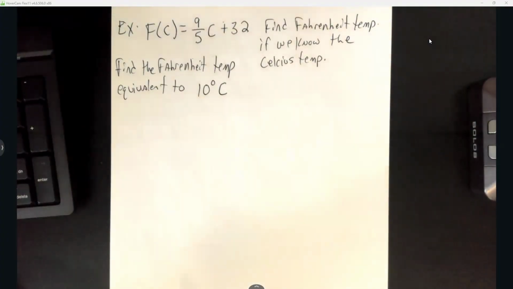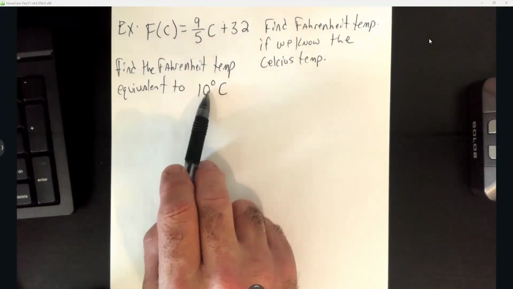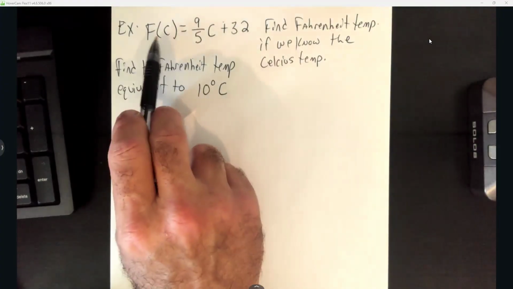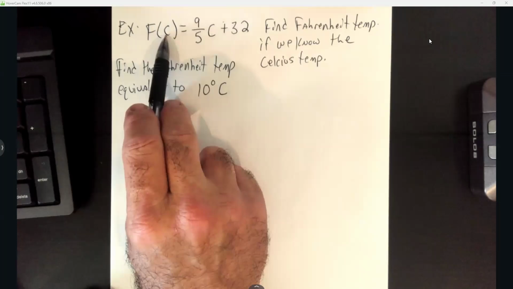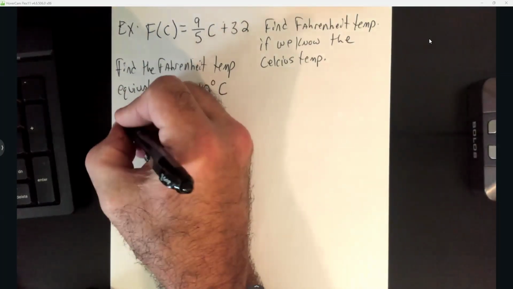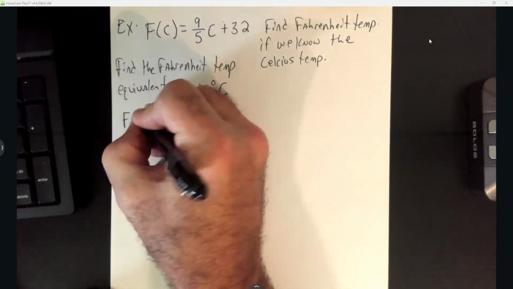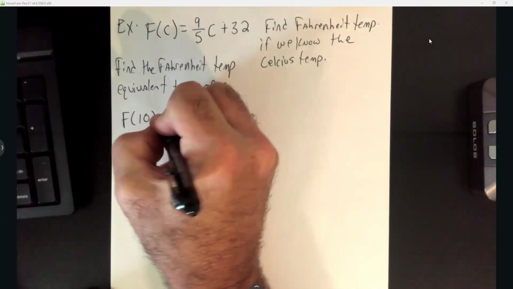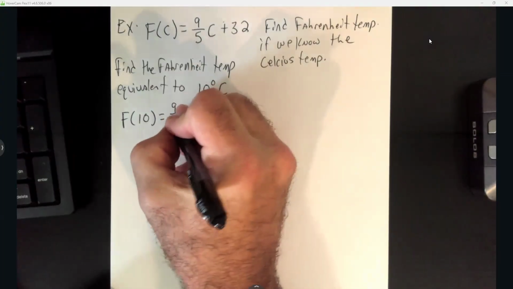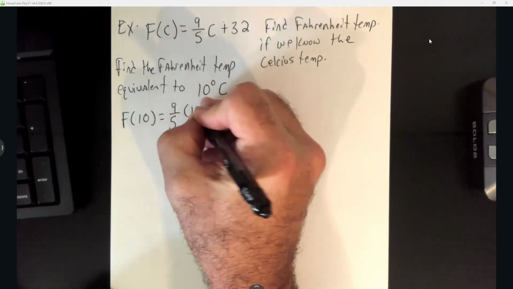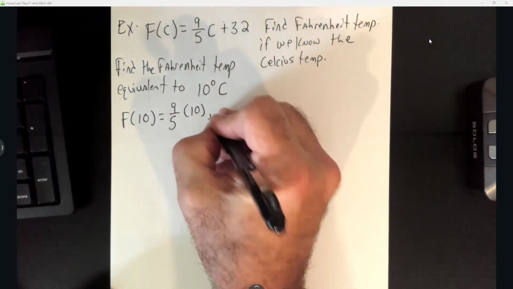So basically, they're giving me 10 degrees Celsius and they want me to find the Fahrenheit temperature. So that means they're wanting me to put a 10 in for the C. So we're basically finding F of 10. So we're going to have 9/5 times 10 plus our 32.